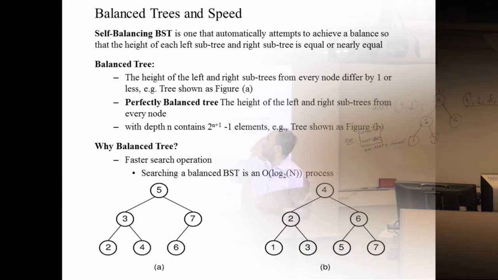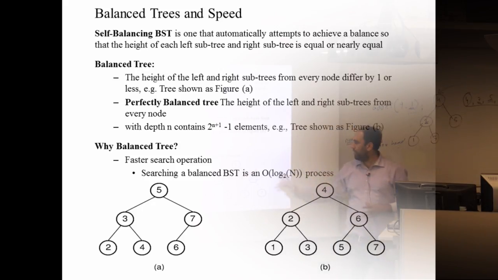And if you look here, 2 raised to n plus 1, n is 2, plus 1 becomes 3, and 2 raised to power 3 becomes 8, and 8 minus 1 becomes 7. So you have a perfectly balanced tree when the number of elements is 7. If you have less than 7, then it means that you don't have a perfectly balanced tree.